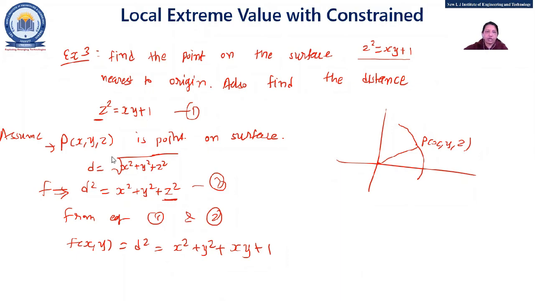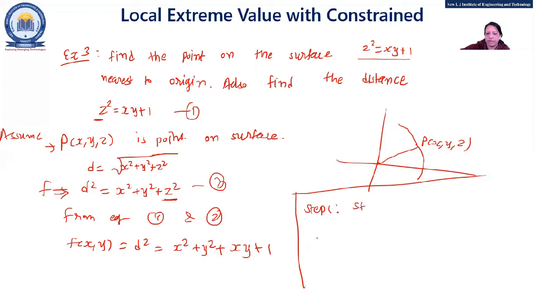Take a screenshot of this slide. Now step 1, step 2 and step 3 you have to complete before the next lecture. Step 1: del f by del x equal to 0, then find out the stationary point.